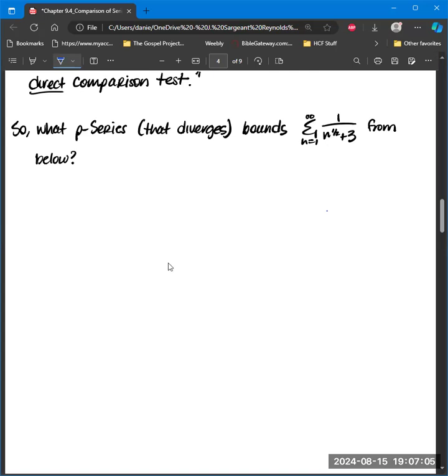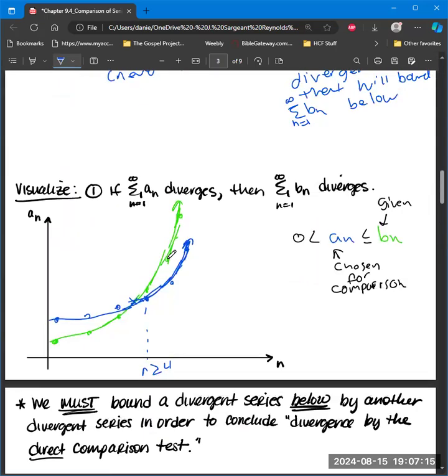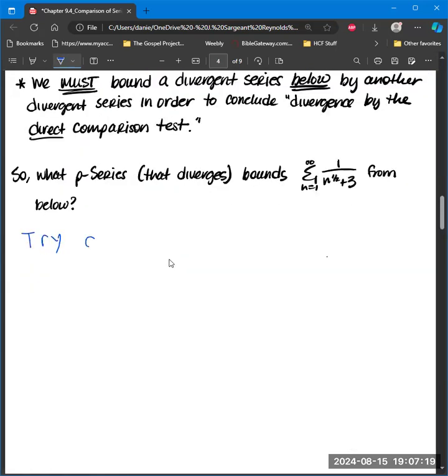Back to our series. So what P series that diverges bounds 1 over n to the 1/2 plus 3 from below? Let's try, and we want this to be the one that's below. So try an equals 1 over n, and bn equals 1 over n to the 1/2 plus 3.